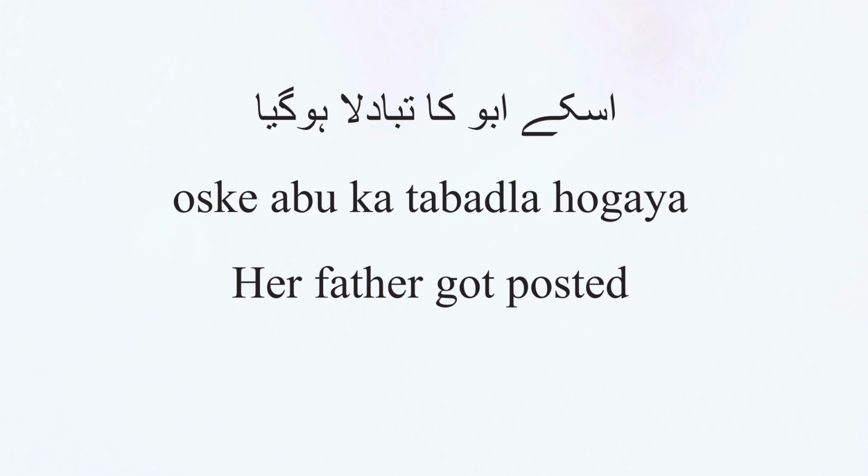फिर उसके अब्बू का तबादला हो गया. तबादला means he's moved to another city. तबादला होना. हो गया. Happened. This is the past simple tense. तबादला हो जाना is indicating a finality. Her father got posted somewhere else.